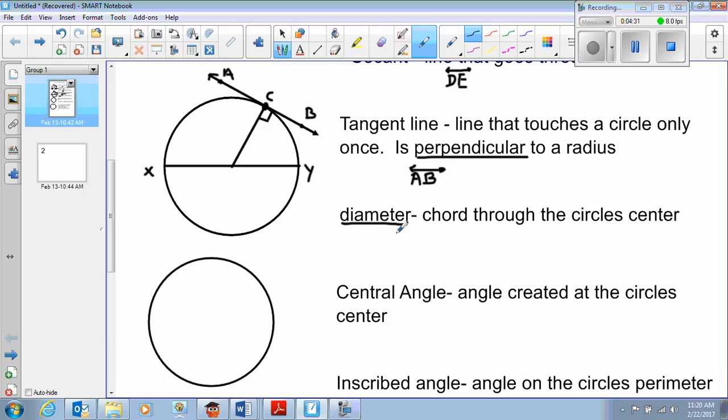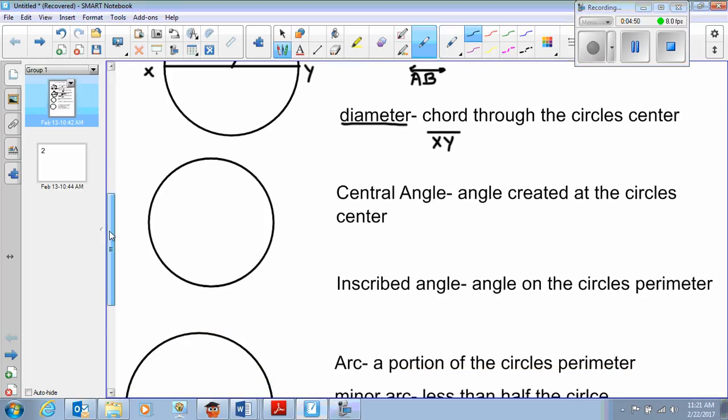So that is an important chord. We don't typically call it a chord, but it technically is one. It's a line segment that goes through the center of the circle. So in this particular case with this circle, we could say that the diameter was XY, but it has to pass through the center of the circle.